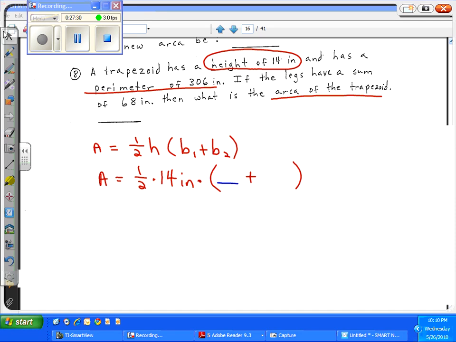We don't know that. So we don't know either base. But we know the perimeter, which is the distance around, is 306. It says the legs have a sum of 68.